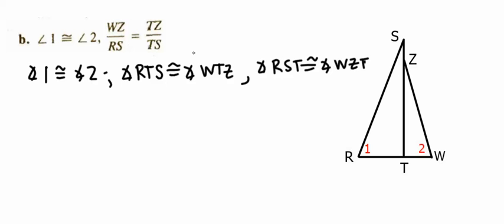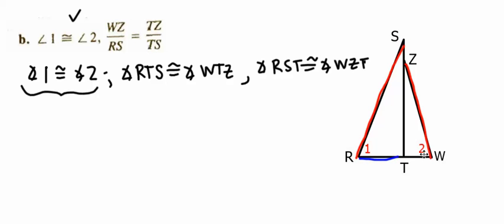So we would need either two of these angles, or we would need one of these angles, which is already given, and the two sides, they're giving us WZ and RS.